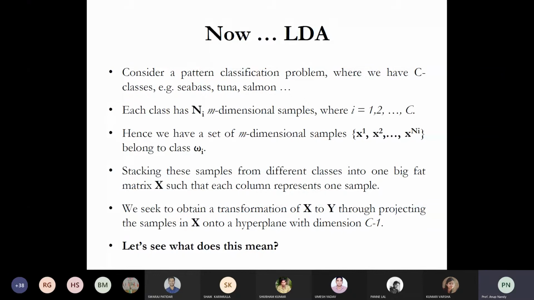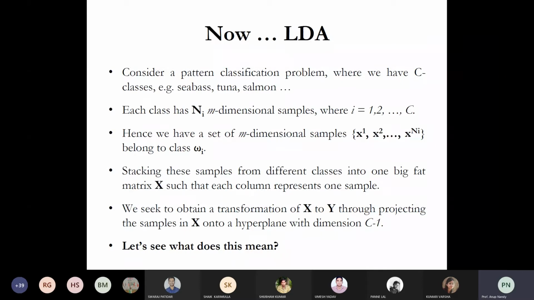For each sample we have a d dimensional vector. Hence you have a set of d dimensional samples x1, x2, till xni, which belong to class i. Or you can simply write this as x1, x2 and xm, which is also acceptable.